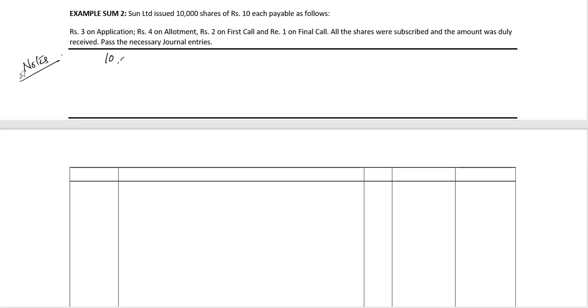The number of shares issued by Sun Limited is 10,000 shares. And the shares are fully subscribed. So, number of shares subscribed by the public is also 10,000 shares. Let's write down the amount payable in each installment: application, allotment, first call, and final call.